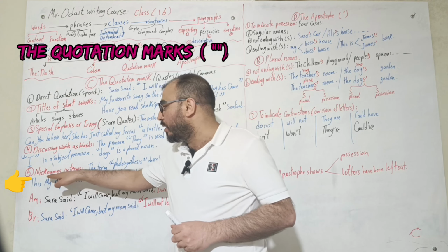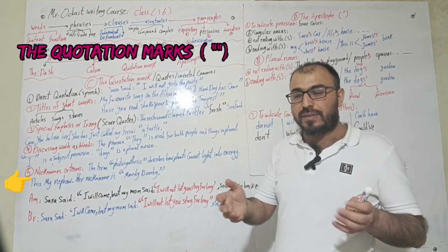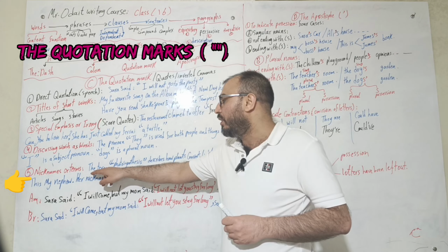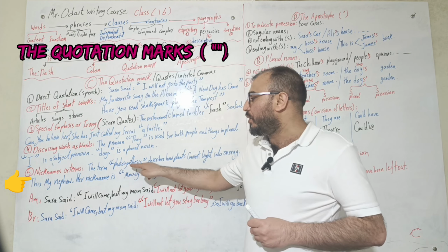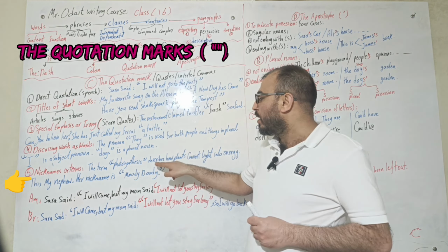Number 5, we use it in nicknames or specific terms. For example, here we say the term "photosynthesis" describes how plants convert light into energy.